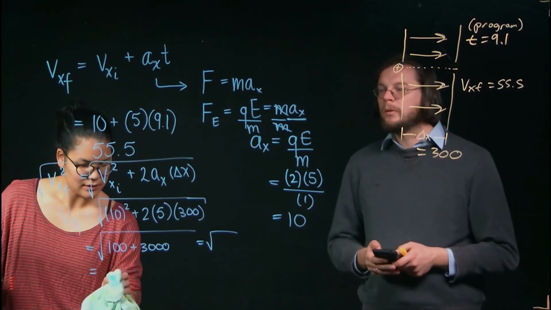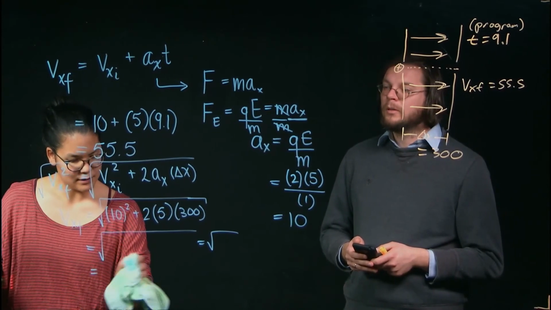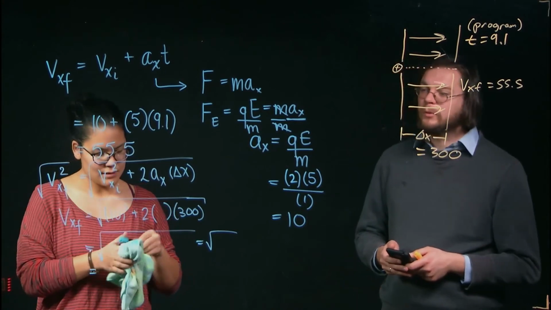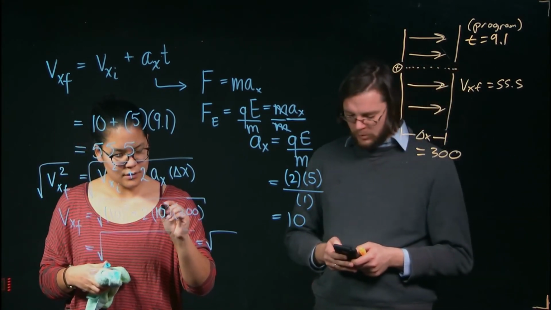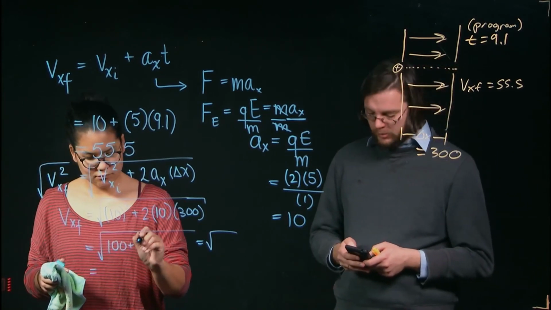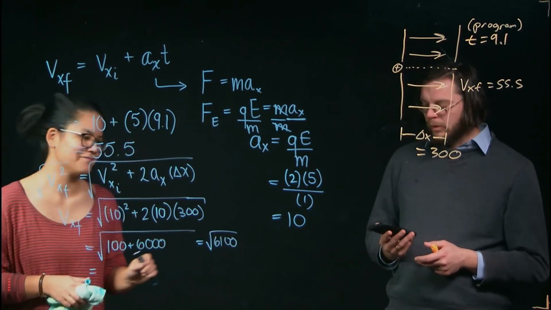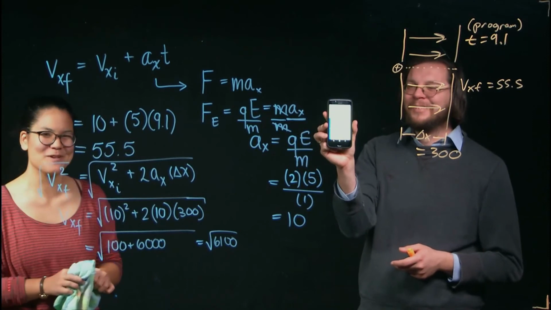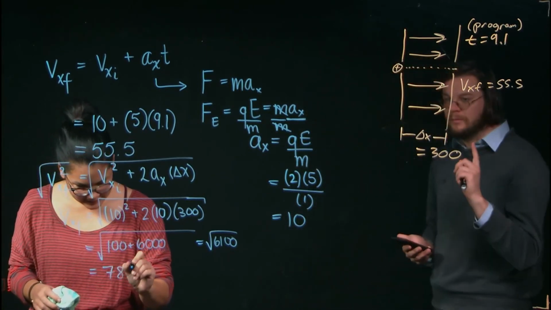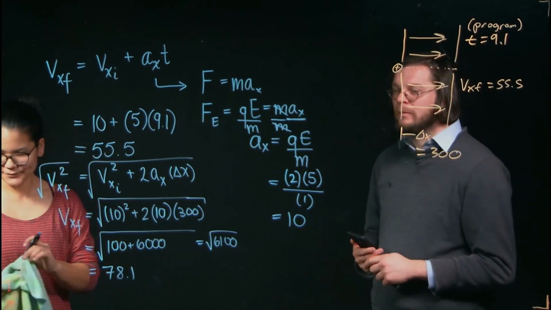So that's going to be 2 times 10 times 300. So 20 times 300 is 6,000 plus 100, so 6,100. And according to my calculations, that is 78.1. So that's our prediction. We've got to go into the code and see if that's actually true or not. But that's what we expect.